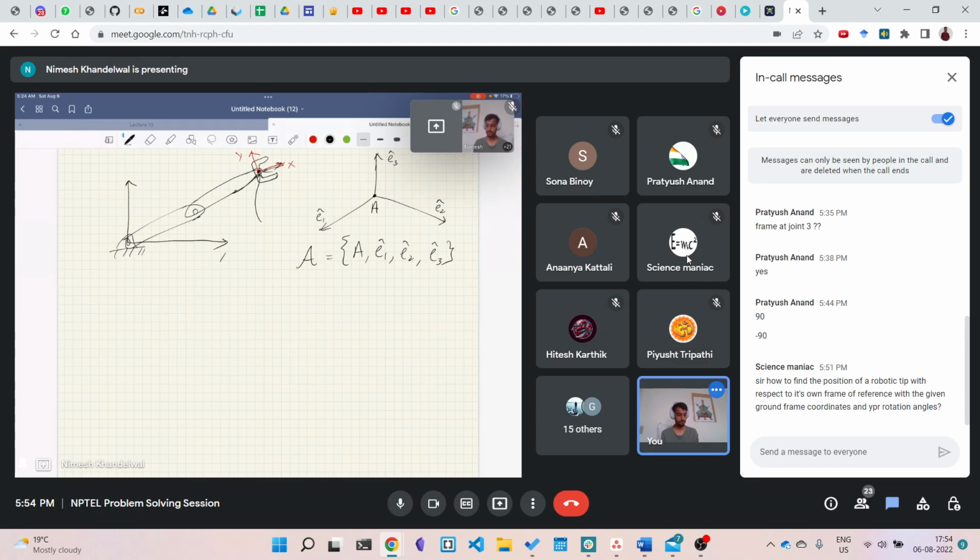Is that fine? Yes, sir. But tell me, what is the position of the robotic tooltip in its own frame?